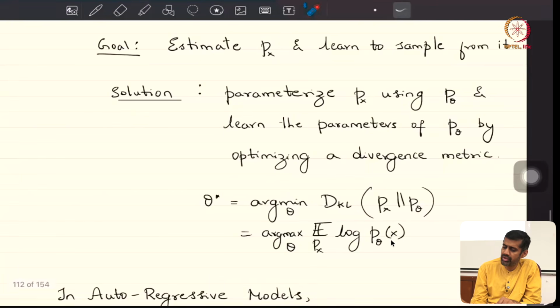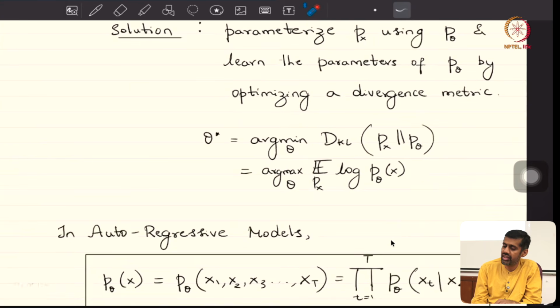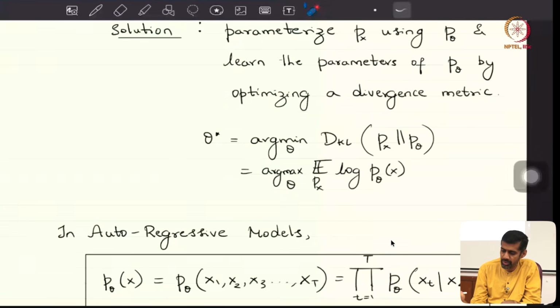The solution is to parameterize P_x using some parametric family of distributions P_theta and learn the parameters of P_theta by optimizing it in the divergence measure. This has been the central theme of the entire course that we have seen so far. And of course, mathematically speaking, you take KL divergence and find the theta star that would minimize the KL divergence, or equivalently maximize the expected log likelihood. So, that is what we wanted to do.